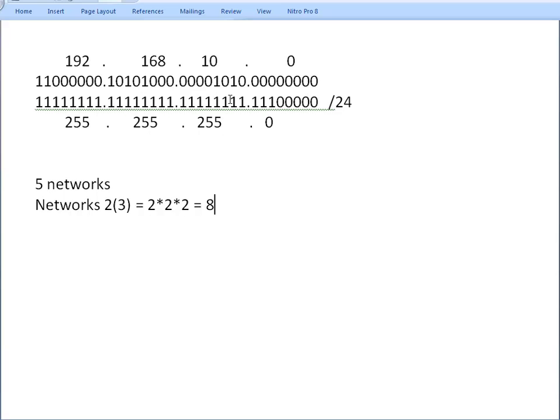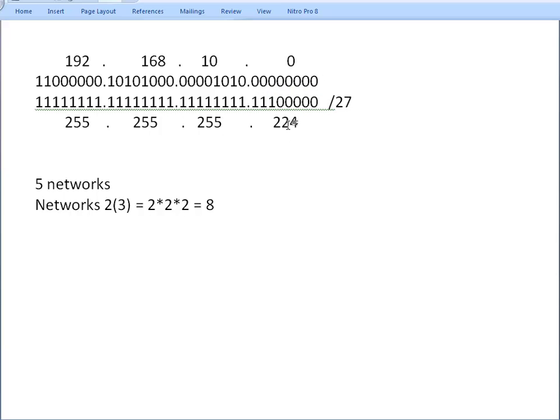Okay. Now how many ones do we have? We have 8, 16, 24, 25, 26, 27. We have 27 ones, so this will change to 27. The subnet mask will be 255.255.255 dot, and this won't be 0 anymore. 128 plus 64 is 192, plus 32 is 224.